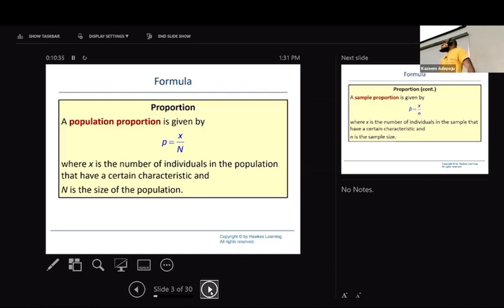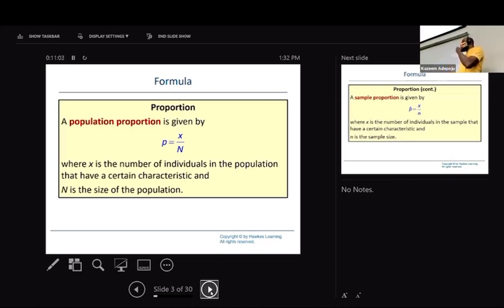I'm only interested in a certain part of a population. Then the parameter of interest is proportion. I'm going to say that again. When the interest is not on the generality, when the interest is on certain parts of a population, then the parameter of interest is going to be proportion.